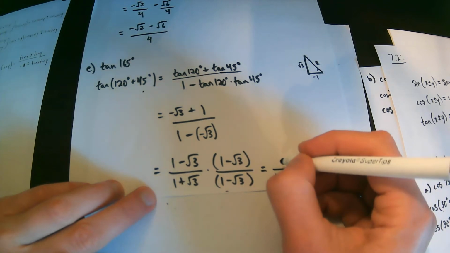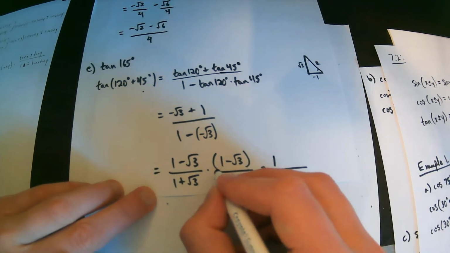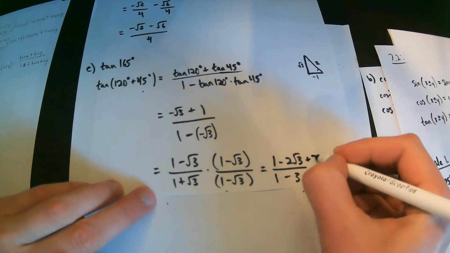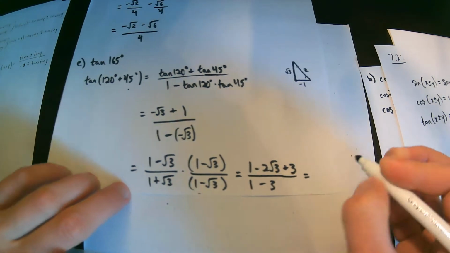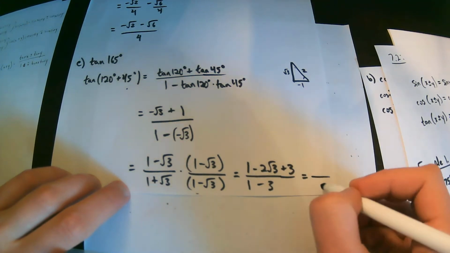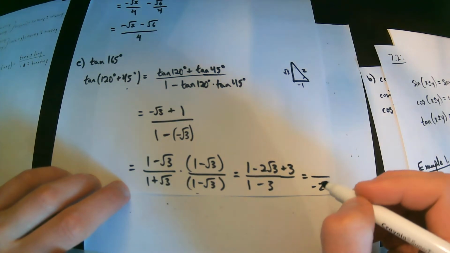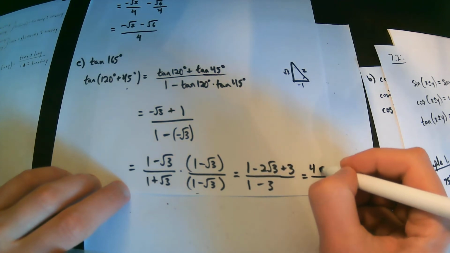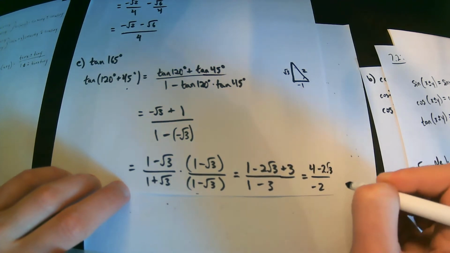And in the top, I'll have 1 minus 2 root 3 plus 3, which is going to give me a negative 2 in the bottom, and a 1 plus 3, so 4 minus 2 root 3 in the top.